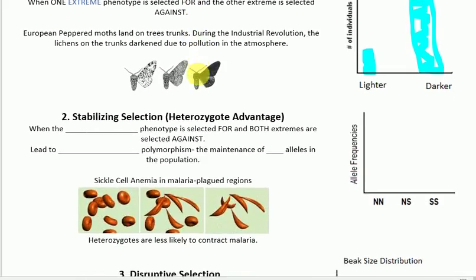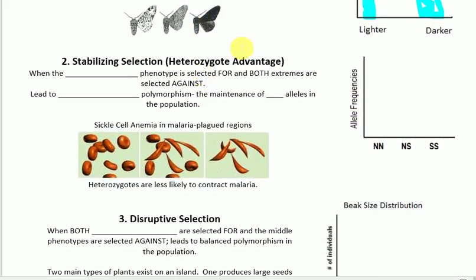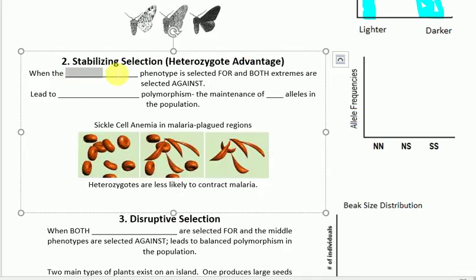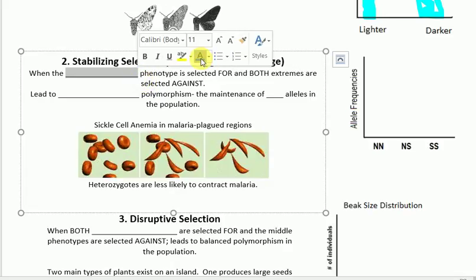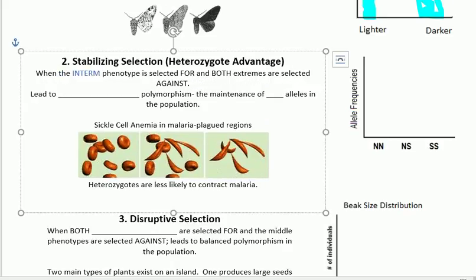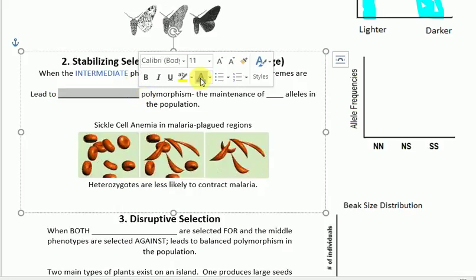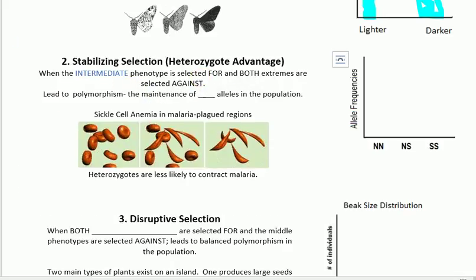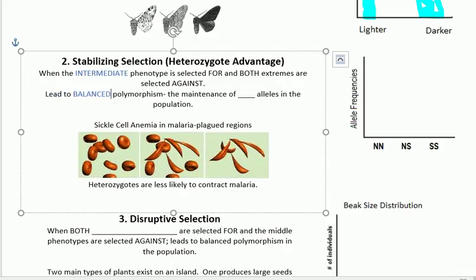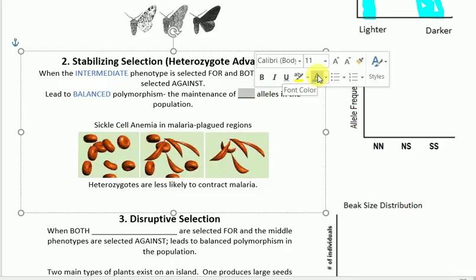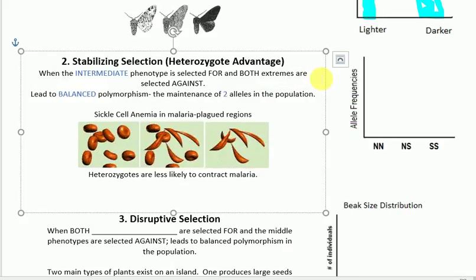Okay, so the next kind is stabilizing selection, or heterozygote advantage. So in this case, when the intermediate phenotype is selected for and both extremes are selected against, this is going to lead to balanced polymorphism as well as the maintenance of 2 alleles in the population.